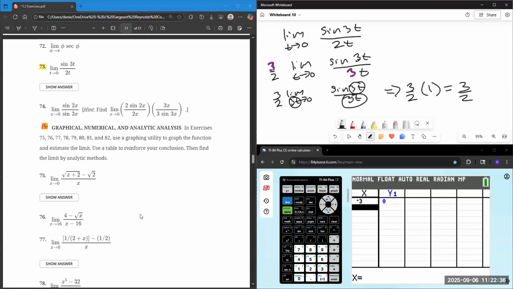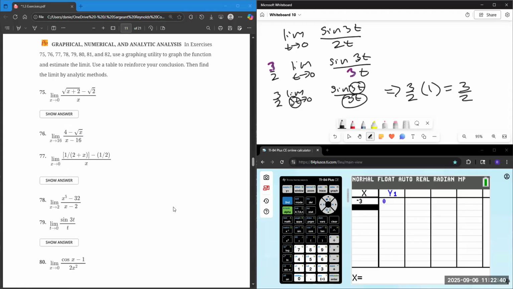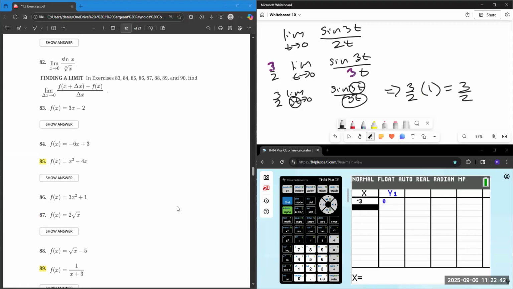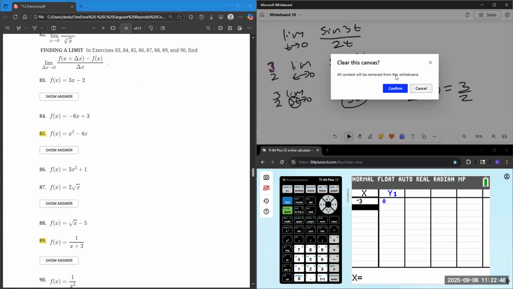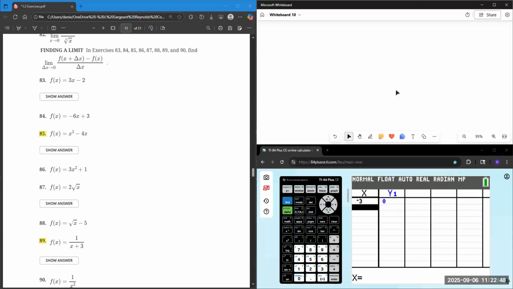So 85. Let's use the limit of the difference quotient here. We won't know exactly why we're doing that until the next chapter. This will be the definition of something important in calculus. f of x is equal to x squared minus 4x.